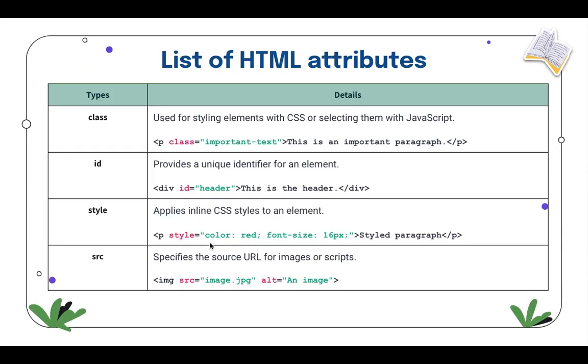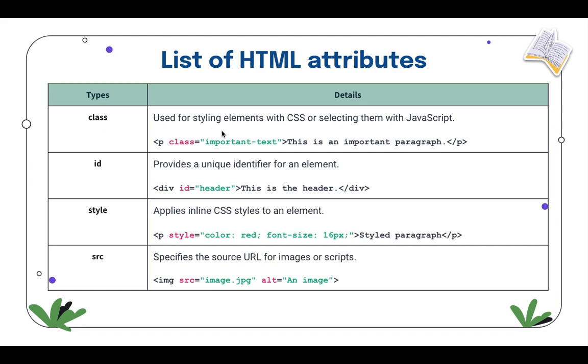If we go and check, we have one paragraph, the p tag. Inside the paragraph opening tag, an attribute will always be included inside the opening tag, not in the closing tag. This is the closing tag, this is the opening tag. So inside the opening tag we write class, important text.